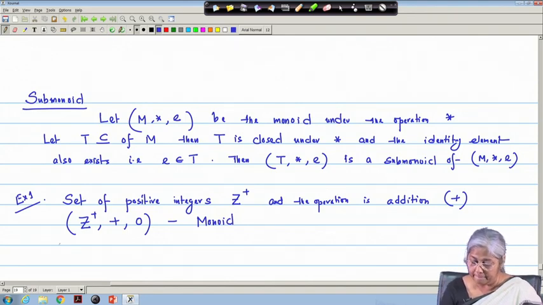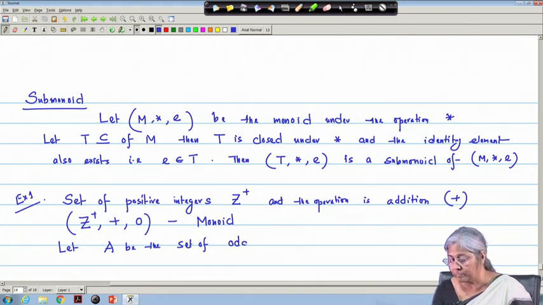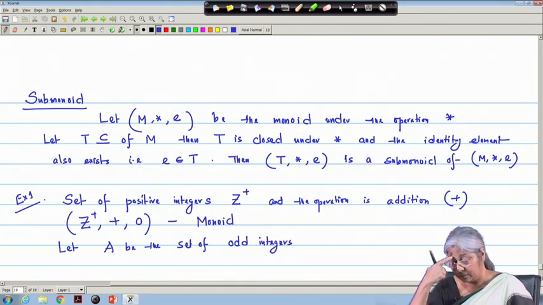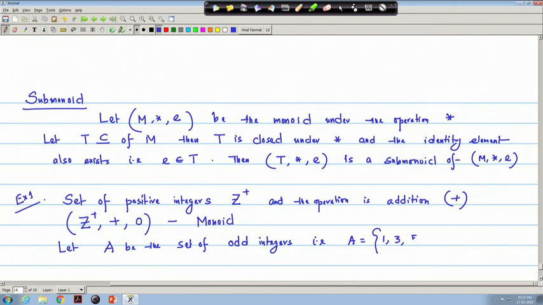Now, let A be the set of odd integers, that means A is 1, 3, 5, 7 like that.